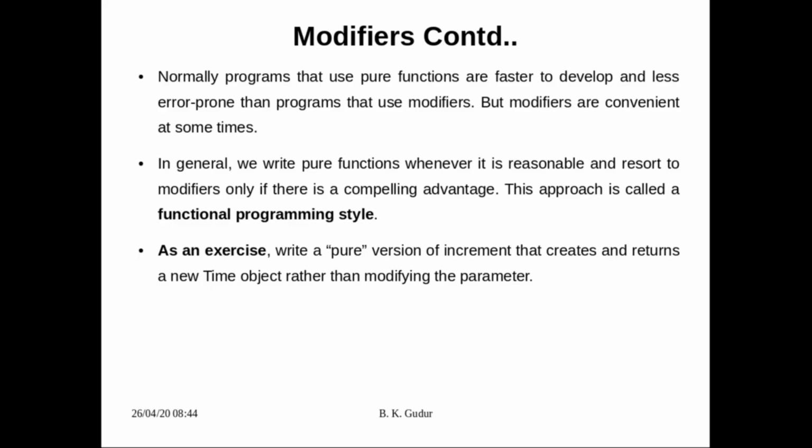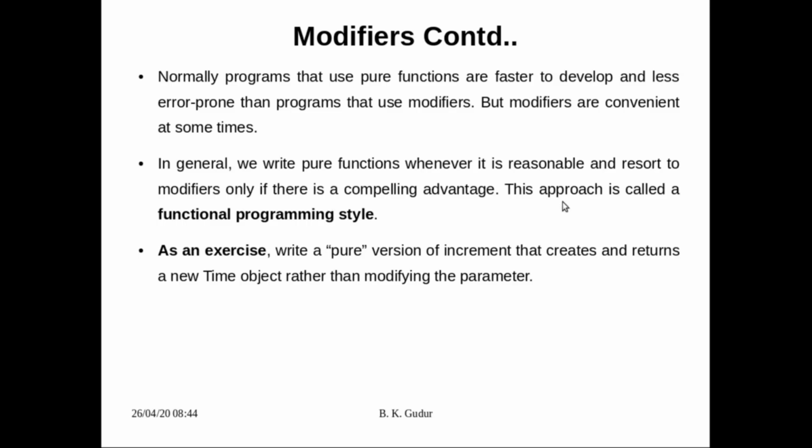But remember, modifiers are convenient sometimes. It's not that we will not use modifier functions. We'll use modifier functions wherever required. In general, whenever we develop any code, we write pure functions whenever it is reasonable, and resort to modifiers only if there is some advantage.